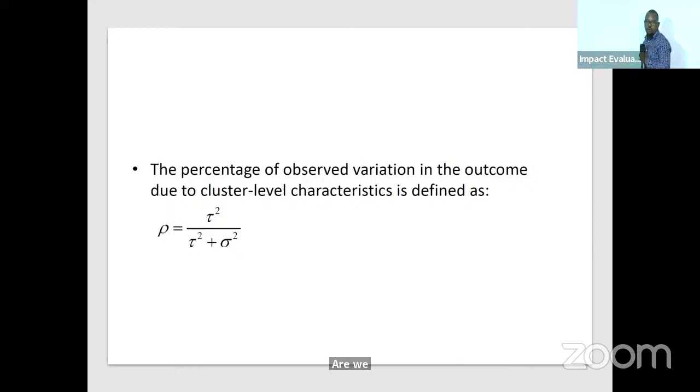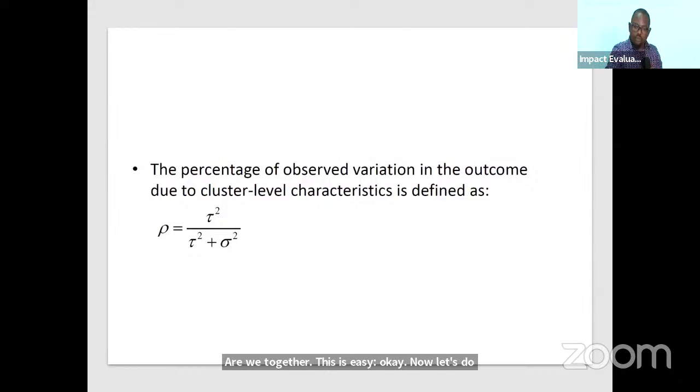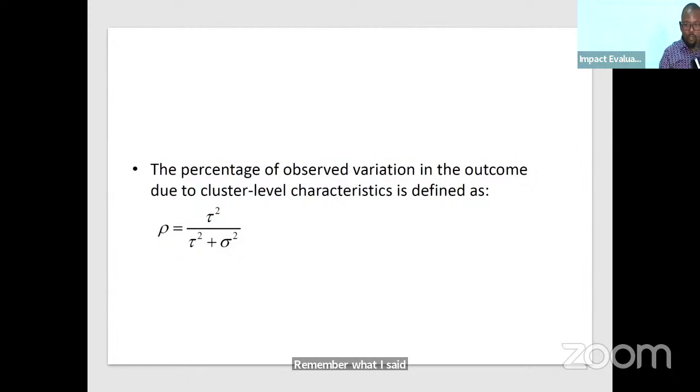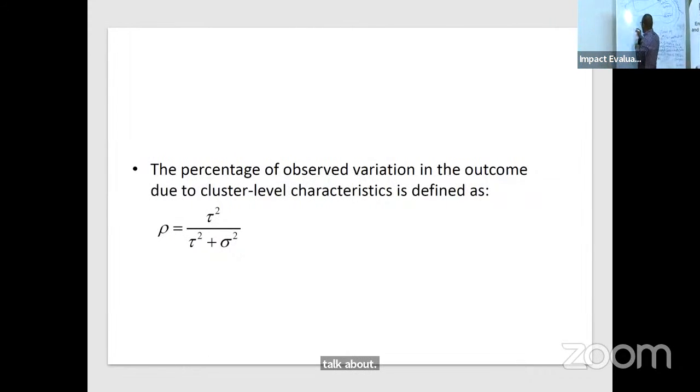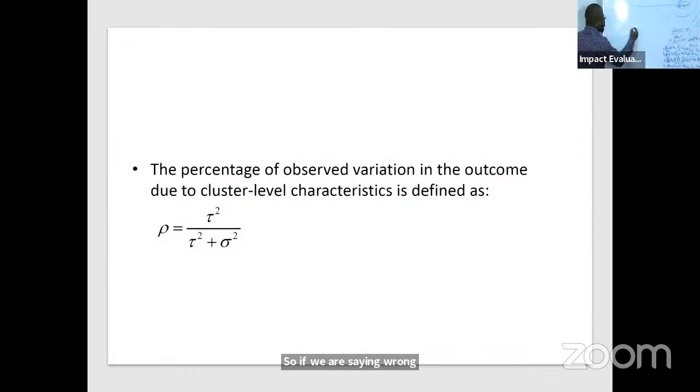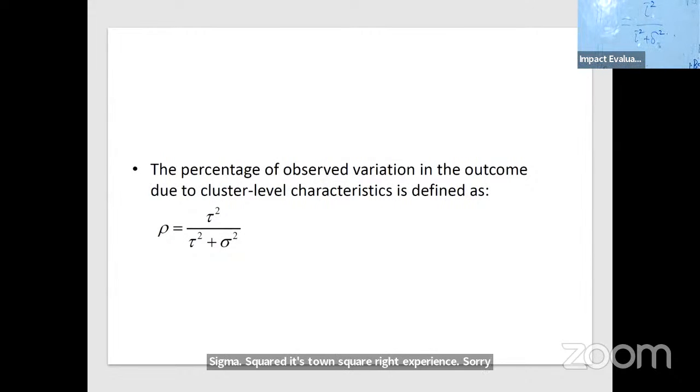Okay? Now, let's do math a bit. Remember what I said. So if we are saying rho equals tau square over tau square plus sigma square, where sigma square is variance, are we together?